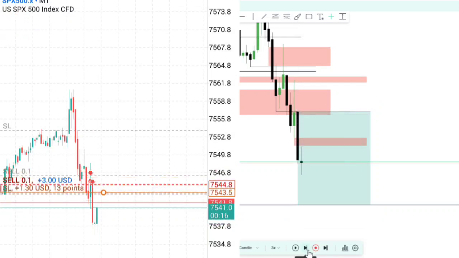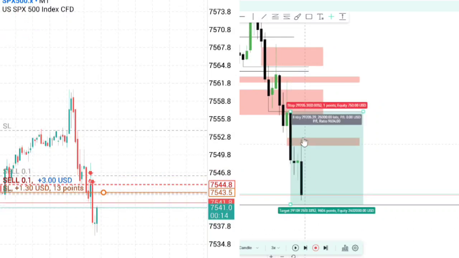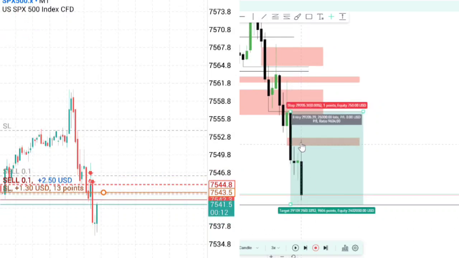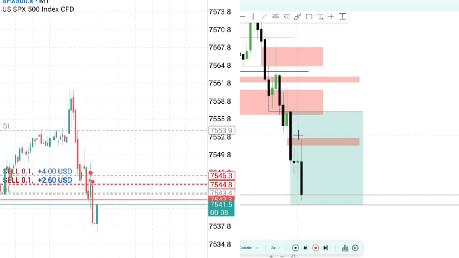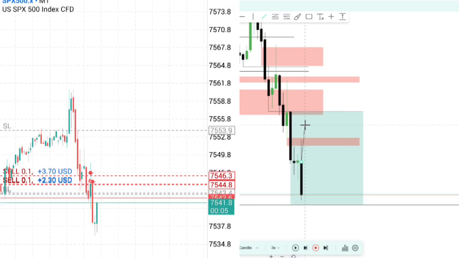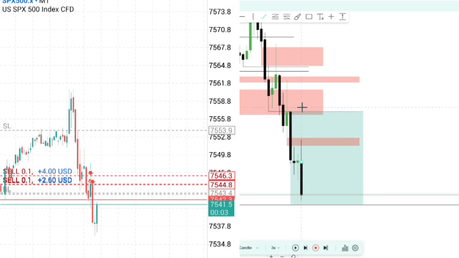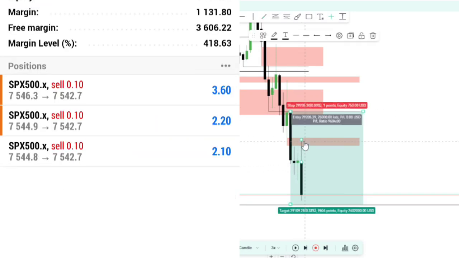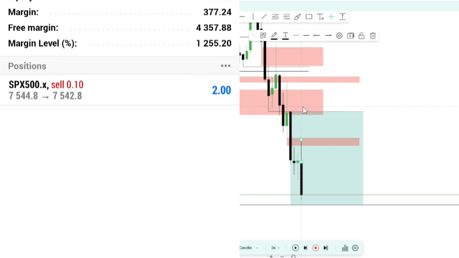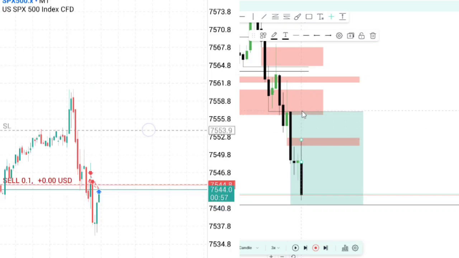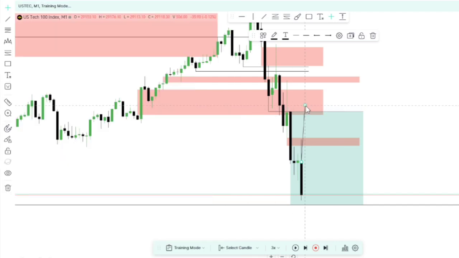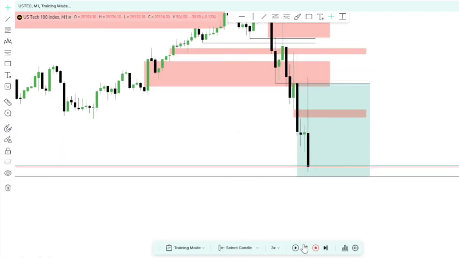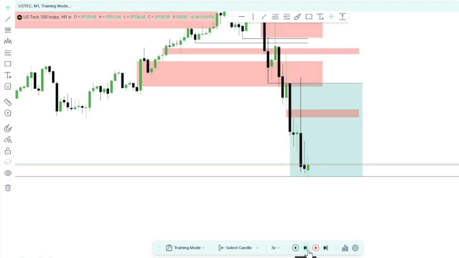Then price came and tapped this, but on S&P 500 this wick took me out on break even. This wick was deep, and it took me out on break even. But on NAS 100 it wasn't that deep, so this wick took me out on break even on S&P 500. This was how it is, and it ended up being a winning trade.